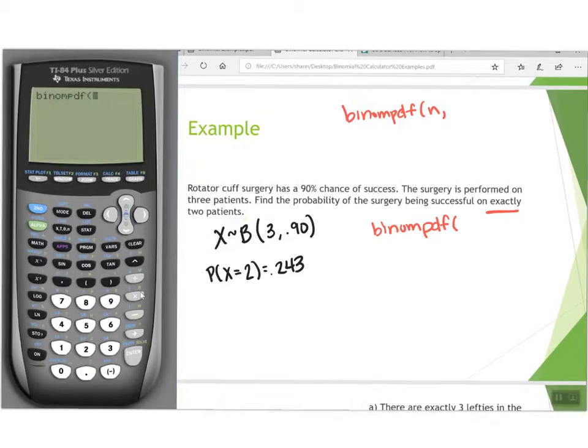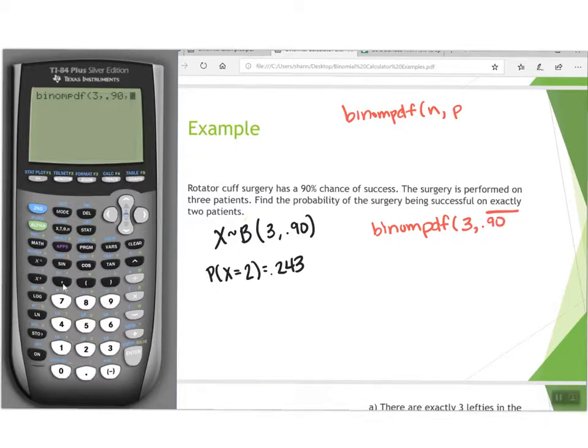Here, our number of trials, or our fixed number, is going to be 3. We put a comma right here above the 7 key. If you don't have this, you just press enter to go to the next part. The next part they want is P, probability of success. For us, our probability of success is 0.90.